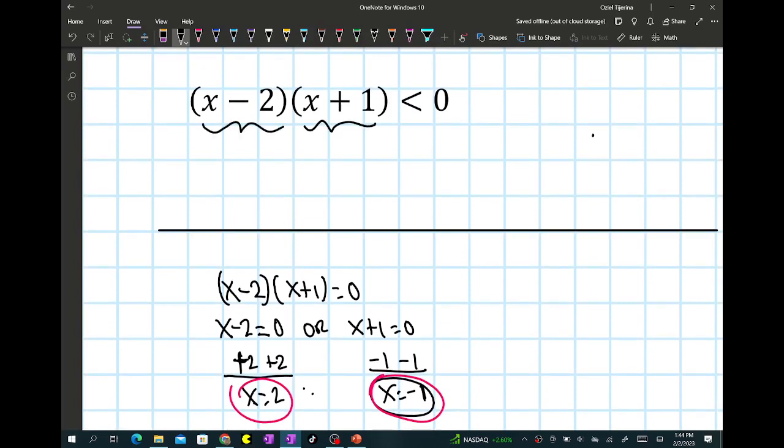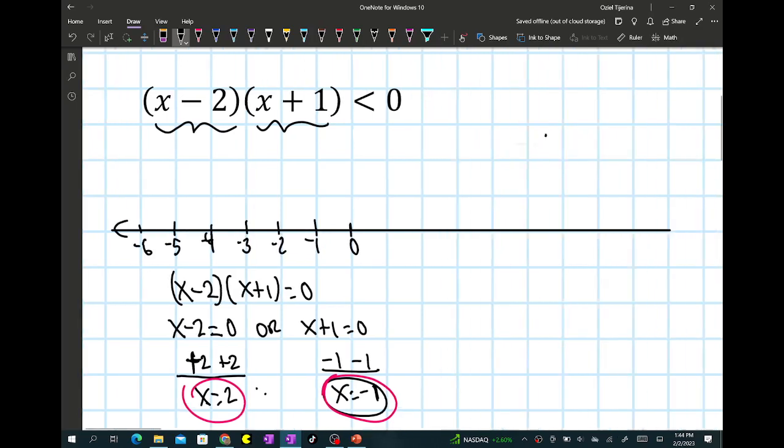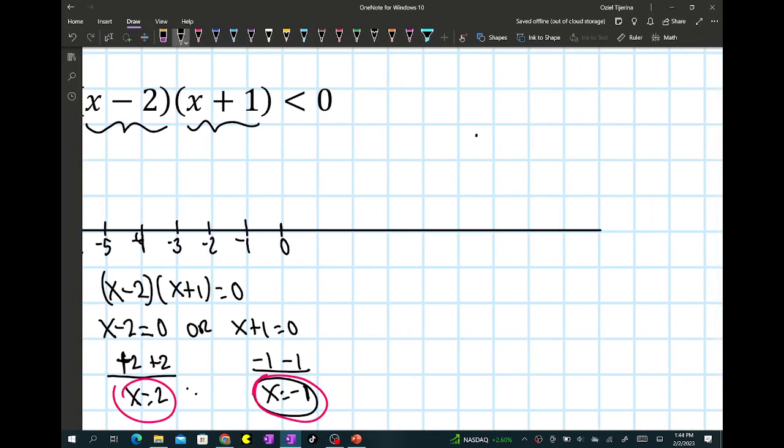So in this number line, I'm going to put 0, negative 1, negative 2, and I'm just going to draw it. It doesn't matter what number you go to, as long as you include whatever intercepts are in the inequality.